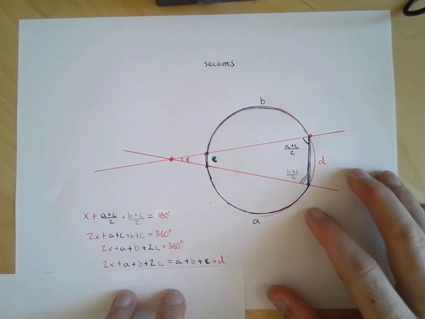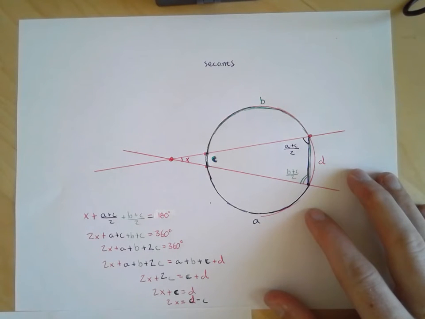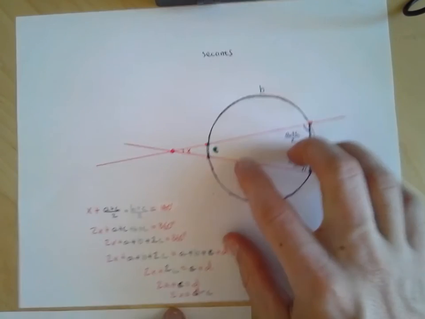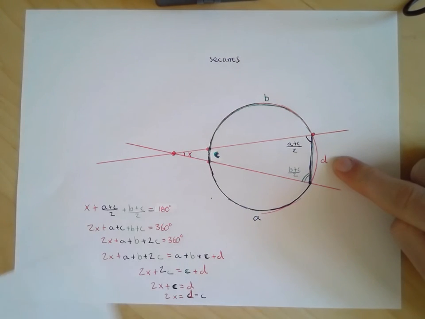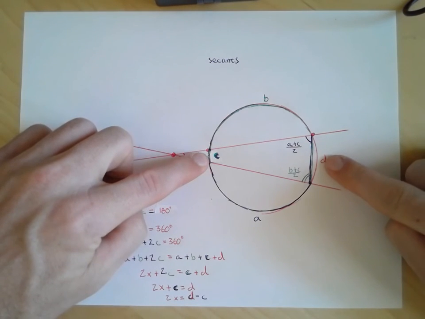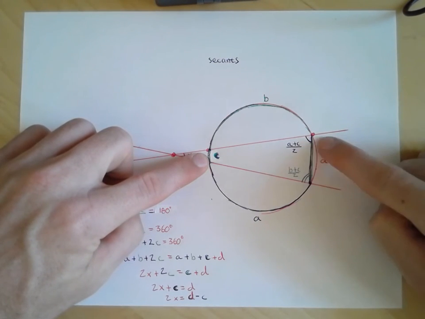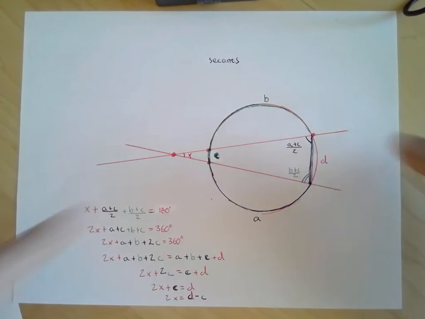Some more algebra quickly eliminates A and B. One of the C's drops away. Subtract the C from both sides, and 2 times the measure of this angle is equal to the difference of these two arcs. So half the difference of these two arcs, C and D, is equal to the measure of angle x.